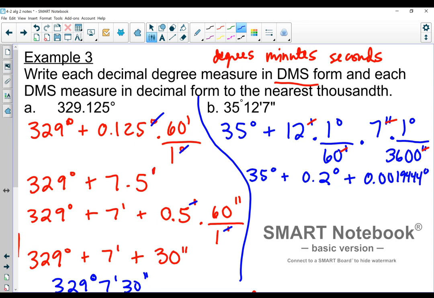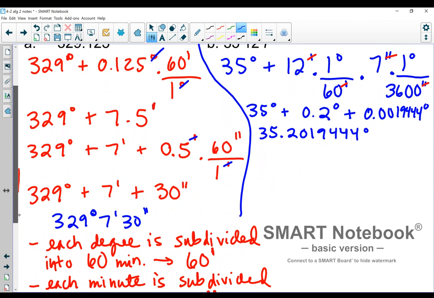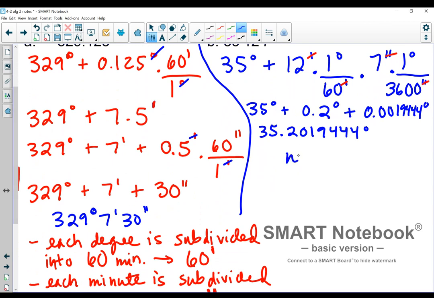0.0019444 degrees. So this is 35 point, and then we're going to put these decimal parts together, 2019444 degrees, and then it tells us nearest thousandth. So I'm just going to write in here nearest thousandth, which means this is tenths, hundredths, thousandths.